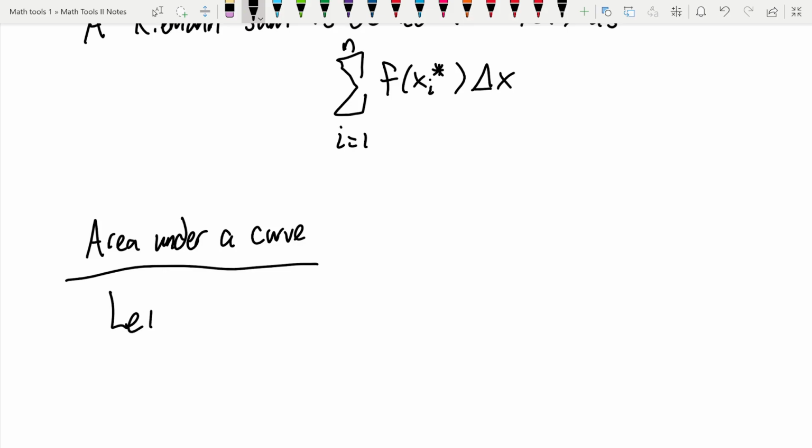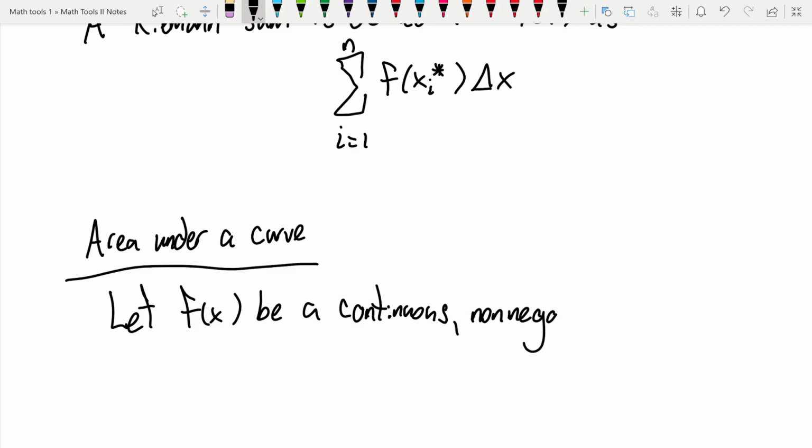Okay. So we let f of x be a continuous non-negative function. Okay. So this means non-negative means that it is always on the positive side of the y-axis, or 0, right? And of course we can look at area for other functions, but this is just how we're going to start with the definition.